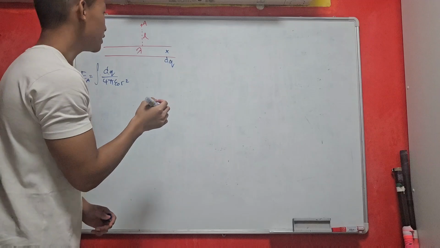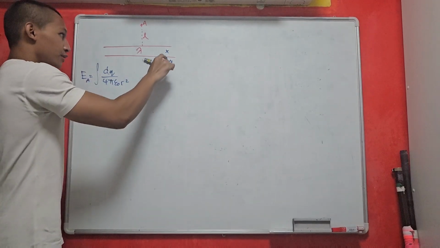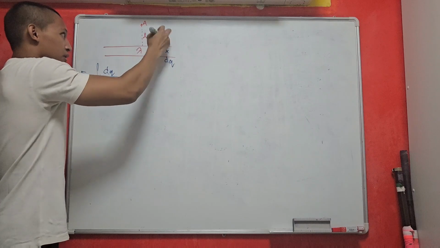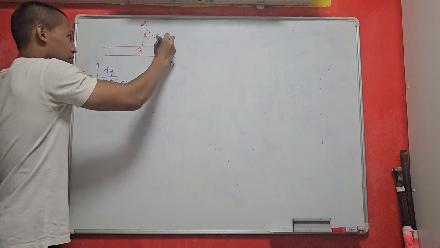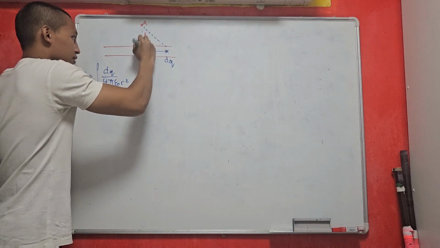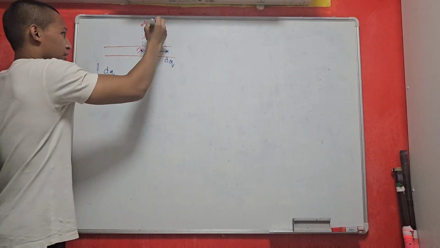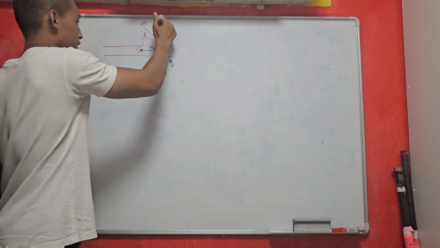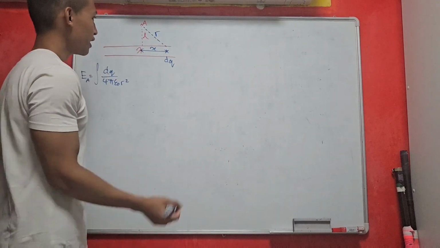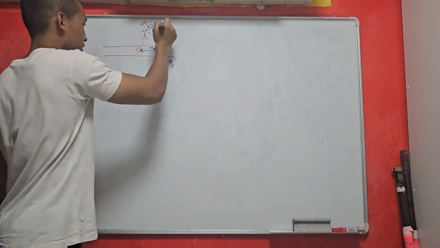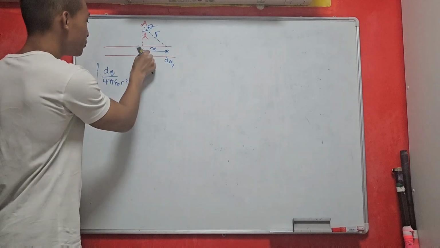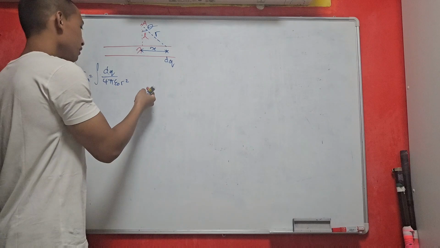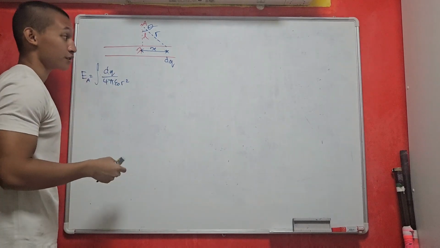What we're going to be doing is finding the electric field due to a point charge at point A. So this distance would be distance x, and the distance between the point charge and the point A will be r, and I'll make this angle theta. I'll do this for every single point in the wire, and then I'll add up, basically integrating dq over 4 pi epsilon naught r squared.